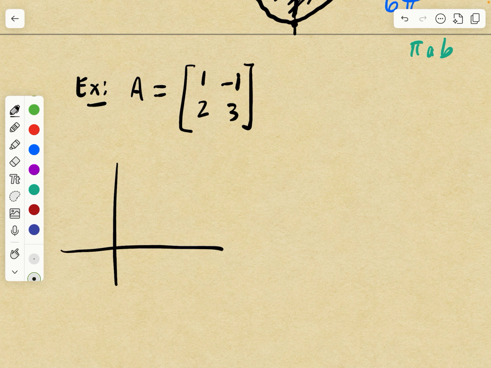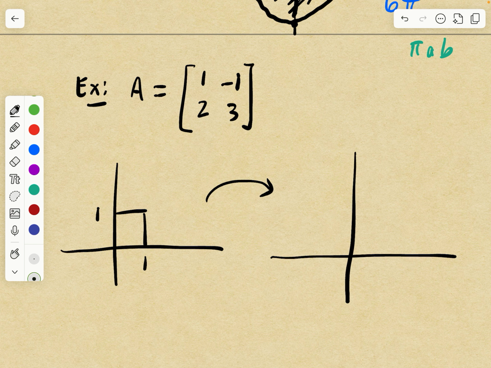Well, what is A going to do to the unit square? It's going to take e1, (1, 0), to (1, 2). So that's this. And it's going to take (0, 1) to the second column, (-1, 3).